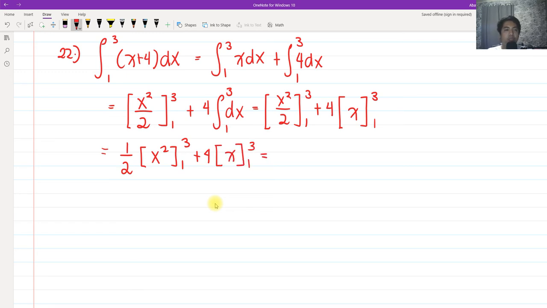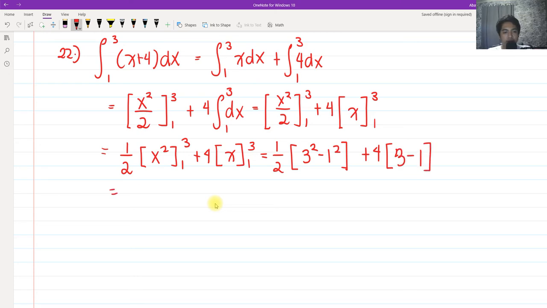Let's apply the limits, the upper limit minus the lower limit. So we have 1/2 times 3 squared minus 1 squared, plus 4 times 3 minus 1.